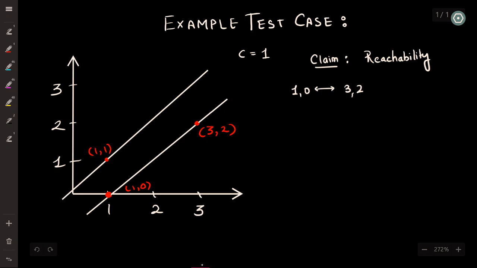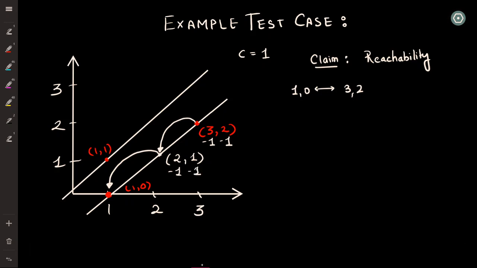If I start with the point (3, 2) and apply my given move once in the downward direction, I will reach (2, 1). Basically, I subtracted 1 from both the ordinate and the abscissa, applied the move once, and shifted it to (2, 1). Then from (2, 1), I can apply this move again and reach (1, 0) by subtracting 1 from both coordinates.